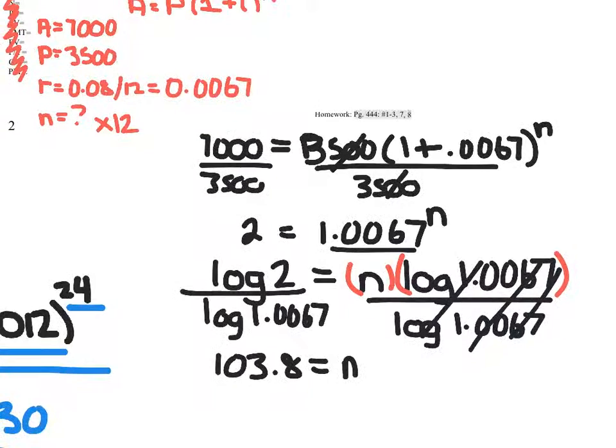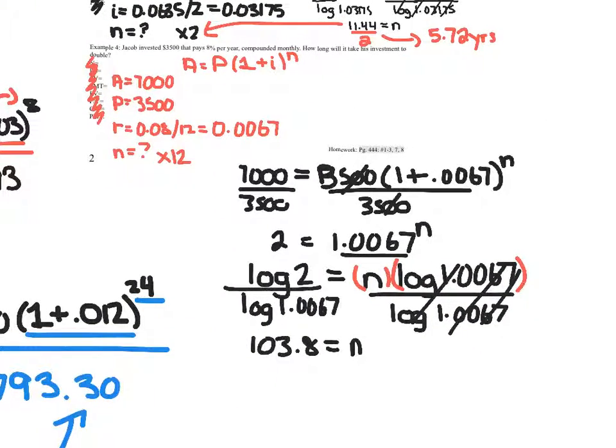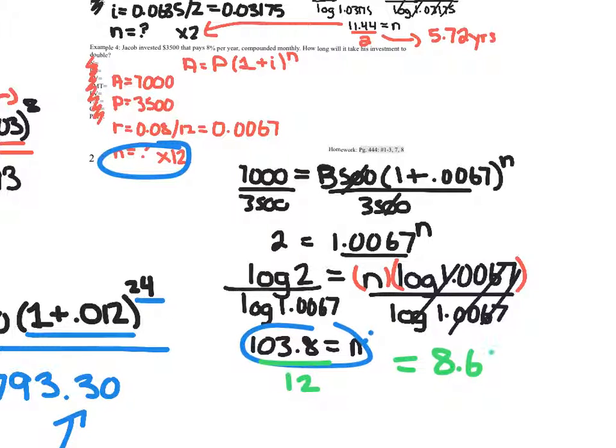But remember, this value was multiplied by 12, so in order to find the actual time frame, we're going to divide it by 12. After dividing by 12, we get a value of about 8.65. So 8.65 years is how long it would take for Jacob's investment to double.